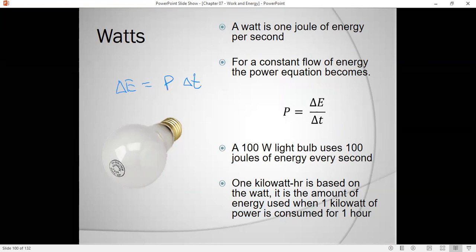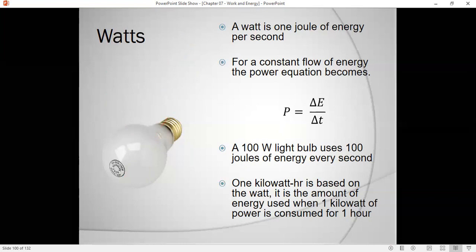So a 100-watt light bulb every second would use 100 joules, okay? This is an old incandescent light bulb, and we don't like these anymore because basically they would use about 100 joules of energy and only produce maybe 2 or 3 joules of light.